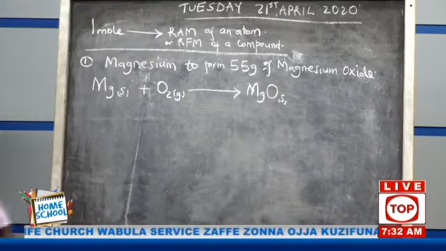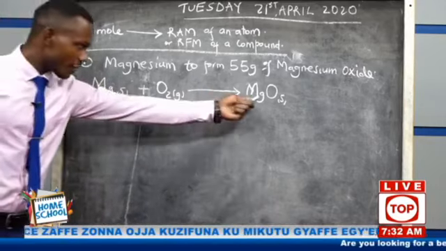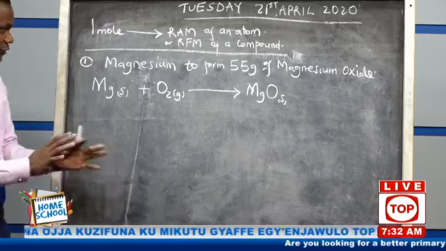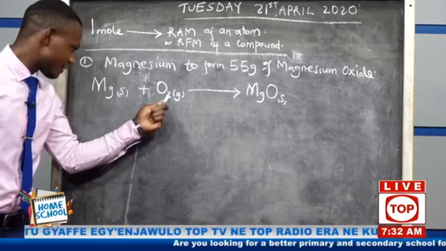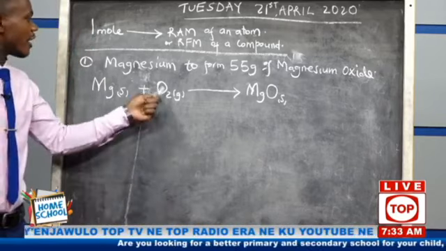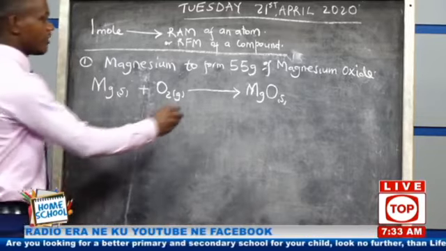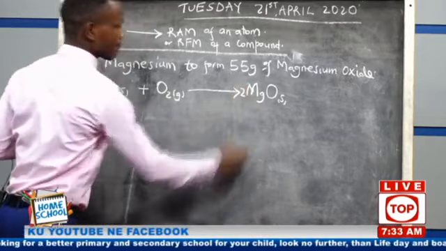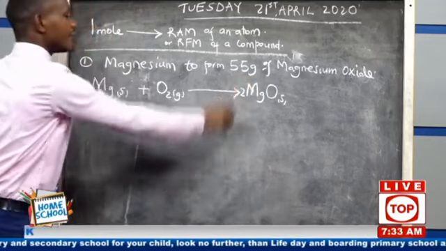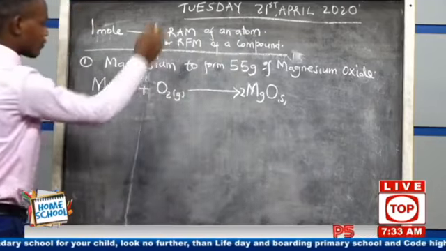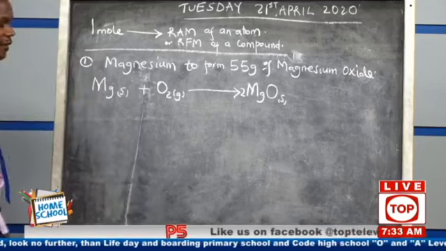Now we are going to see, is this equation balanced? One magnesium atom, we have no problem with that. This one represents the atoms of oxygen. That means here we have 2 oxygen atoms and on the other side we have 1. What do we do? We put a 2 there. Now 2 oxygen atoms, 2 oxygen atoms, but how many magnesium atoms are here?